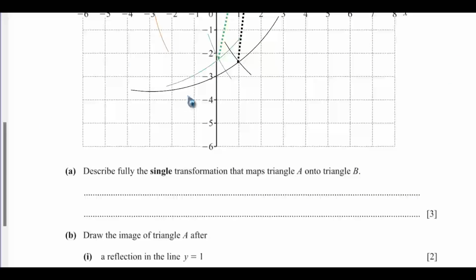We have the name of the transformation to be rotation, then the center will be (2, 7), and the angle and direction is 90 degrees anticlockwise.